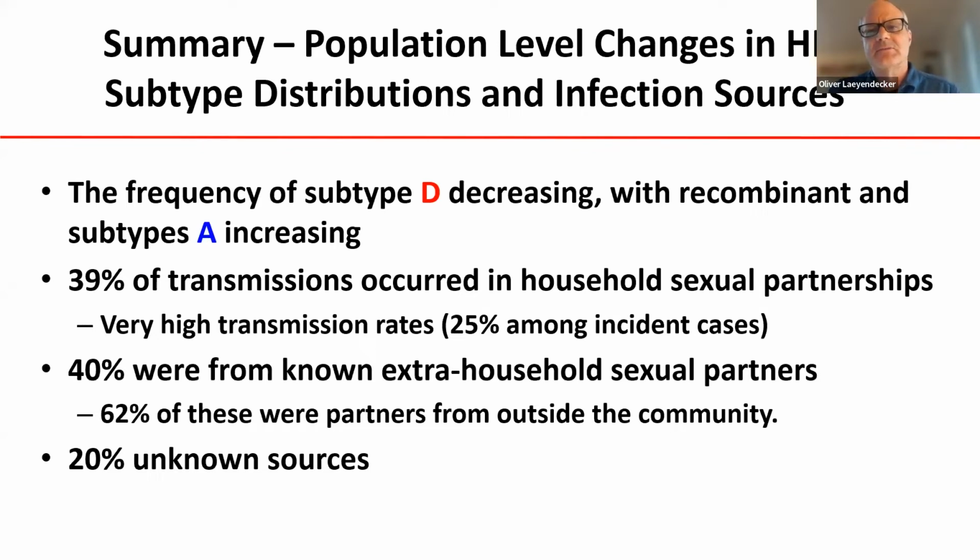So in terms of these population level changes, we saw subtype D decreasing, recombinant strains and subtype A increasing. 40% of the transmissions that were seen, according to Kate's study, were really within the household partnerships. But once you got outside the partnerships, most of them came from outside the community.